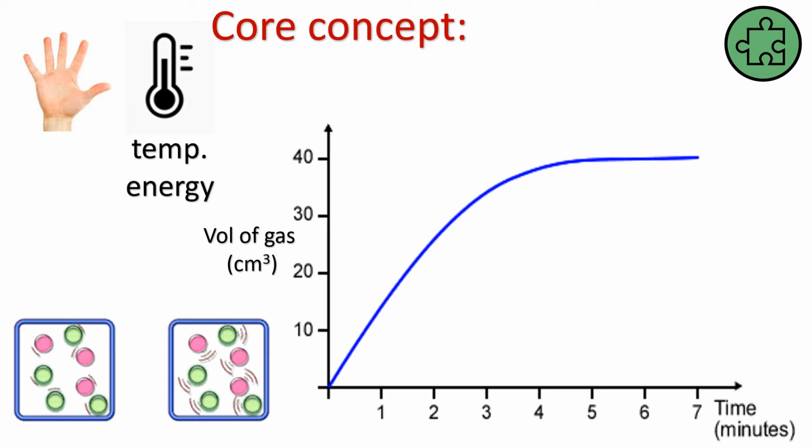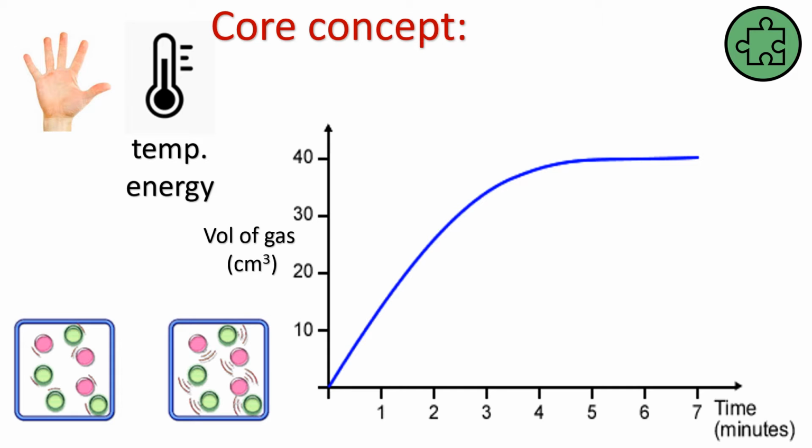The first one then is temperature, and the core concept behind temperature is energy. Temperature is a measure of how much thermal energy the reactants and products have. The more thermal energy a particle has, the more kinetic energy it has.